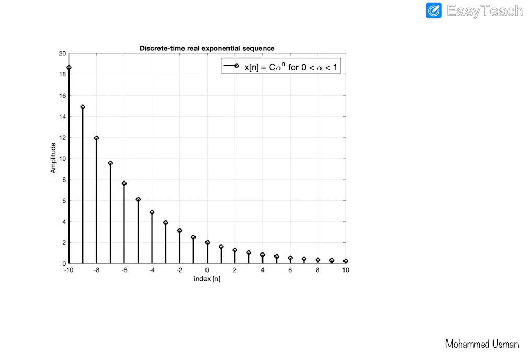And what we notice is that the sequence is a decaying exponential sequence. So you see that the values are becoming smaller and smaller as we increase the index value n. Okay, so that is a decaying sequence. And we get such a sequence when the value of alpha is between 0 and 1.